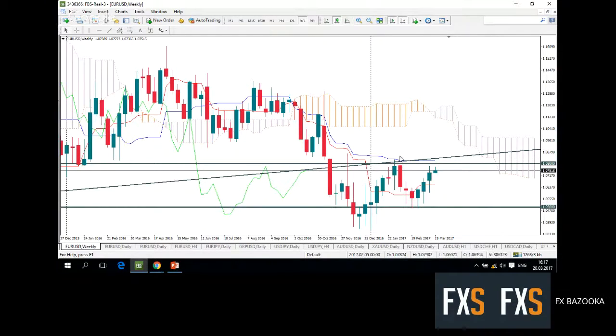The fact that the pair did go lower before it went higher surely means that the bears don't completely give up on the euro dollar, but the bulls are ultimately stronger.